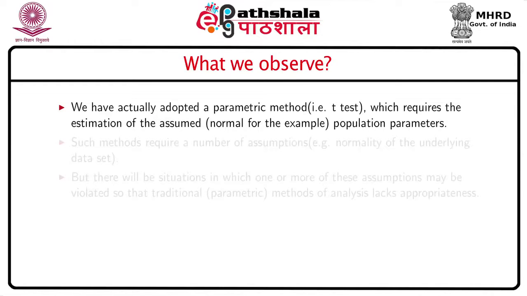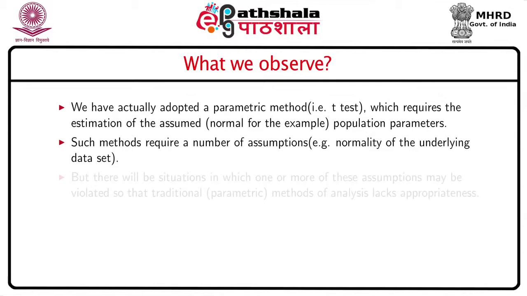What do we observe? In the previous problem, we adopted a parametric method, that is, the student t-test. A t-test requires the estimation of the assumed population parameters. For the t-test, we assume normality, and naturally such methods require a number of assumptions, for example normality of the underlying data set.